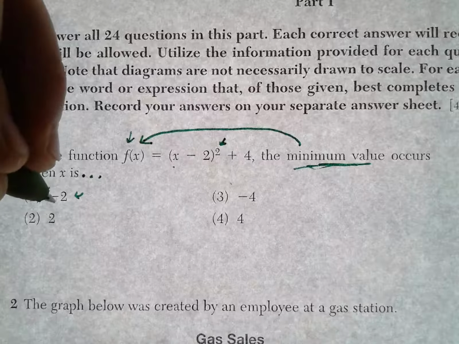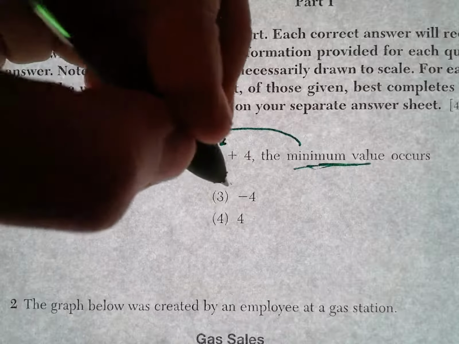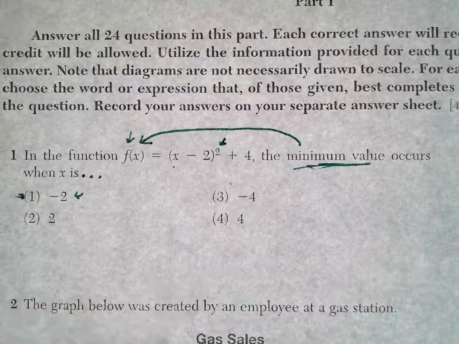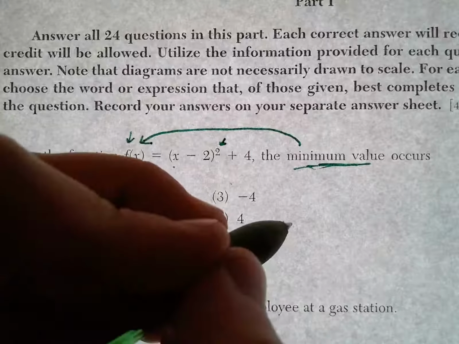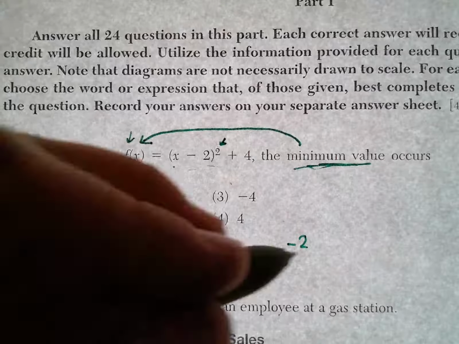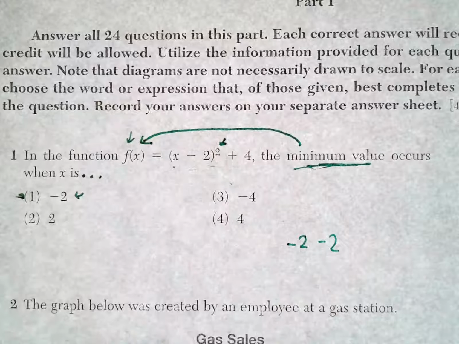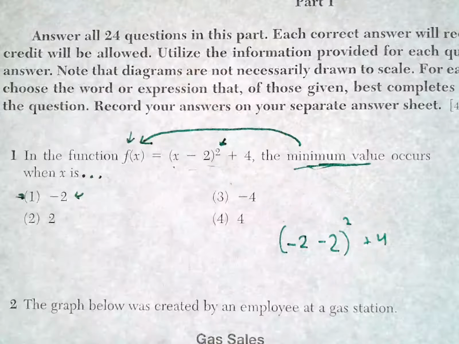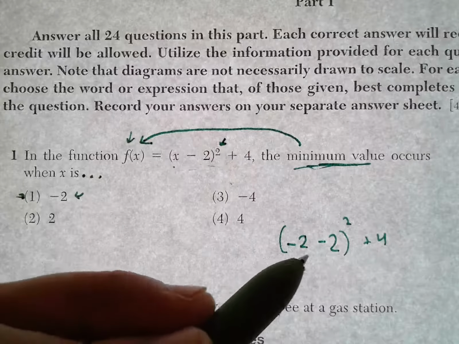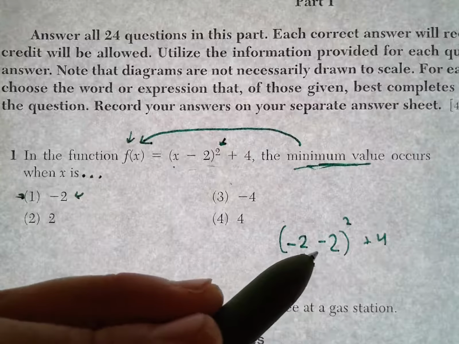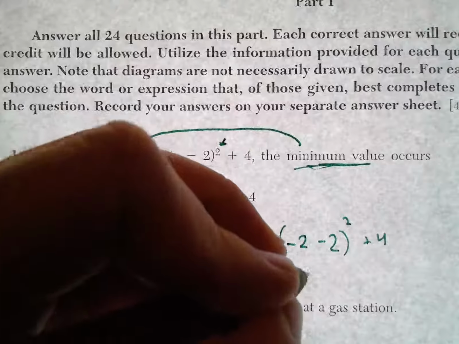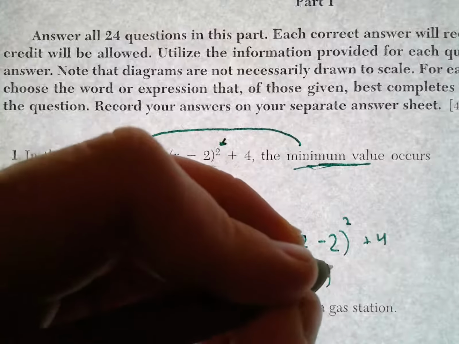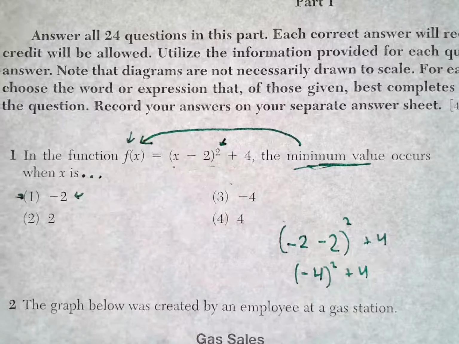So I'm going to plug in x equals negative 2 here. Let's evaluate that. If x is negative 2, I'll rewrite the right side of my function with (negative 2 minus 2) squared plus 4. Negative 2 minus 2 becomes negative 4, squared, plus 4.